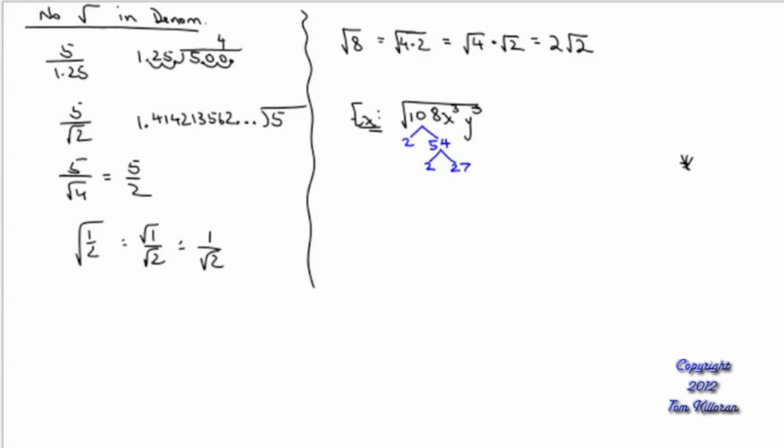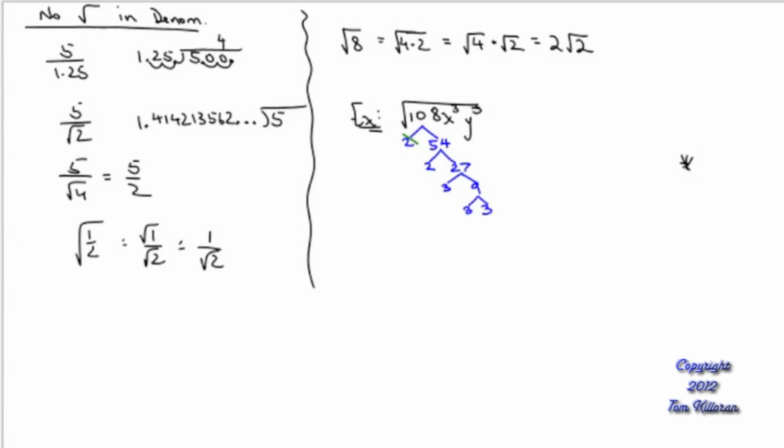What is the smallest number that goes into 27? 3. 3 and 9. What's the smallest number that goes into 9? Of course, it's going to be 3 and 3. Now, by definition, to take a square root, you're looking for perfect squares, or 2 factors. So all I have to do is pair up factors.